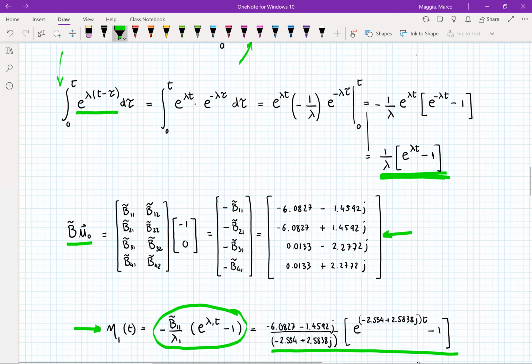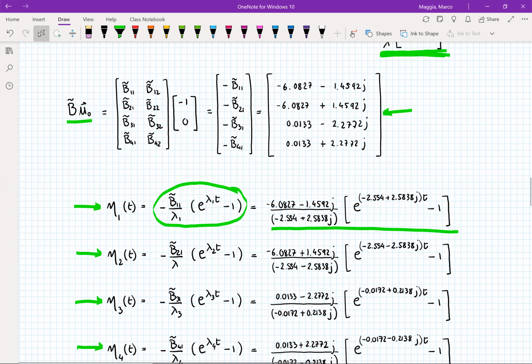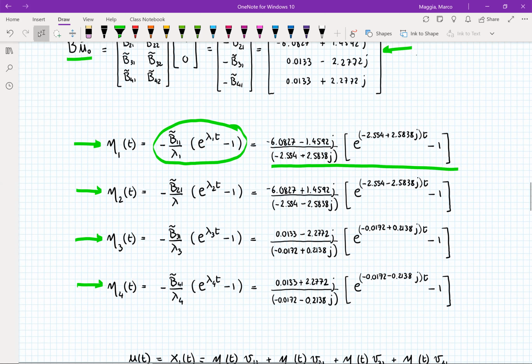I might have used the calculator to multiply numbers or find the eigenvalues or eigenvectors. But what I wanted you to notice is that we haven't numerically integrated the system, we've solved it analytically.